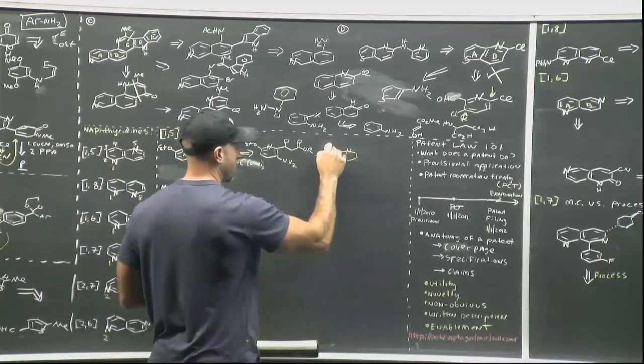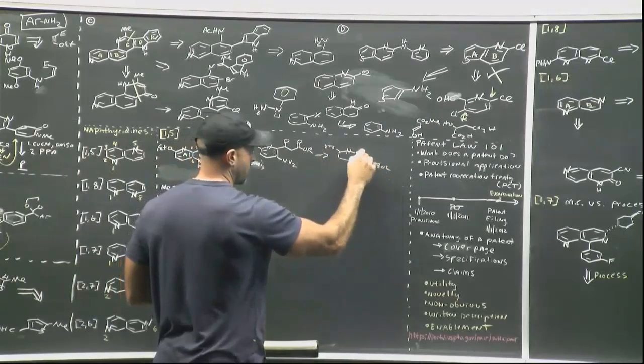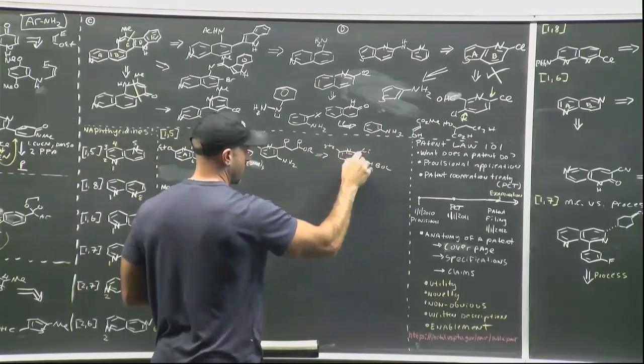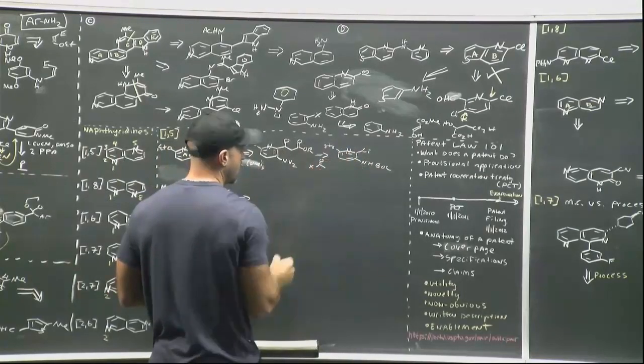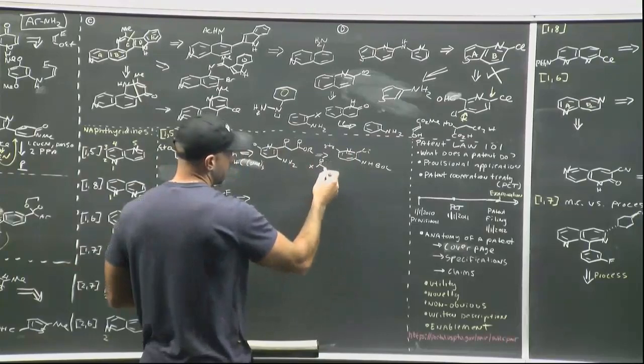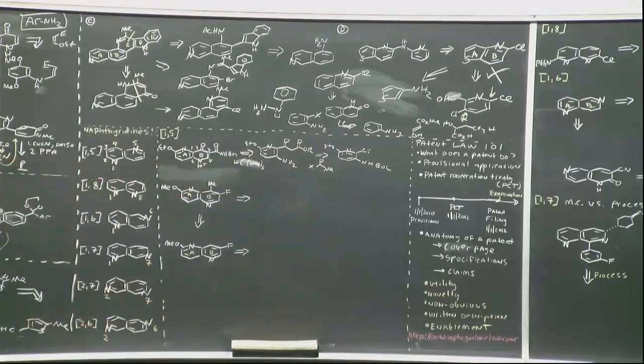So direct metallation should for sure go to the... I guess it'll just be this for now, and then that's forming a pyridine. On paper, it looks fine. Is there a faster way to do this?